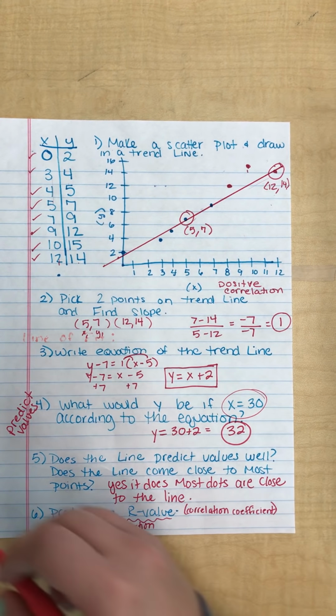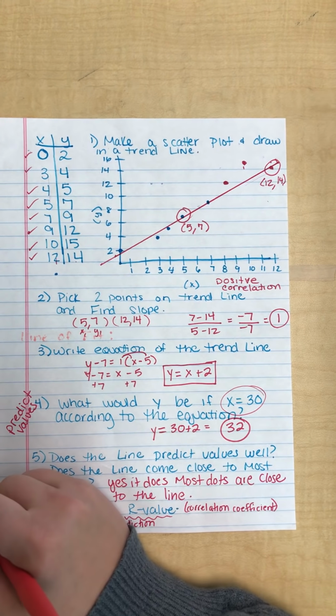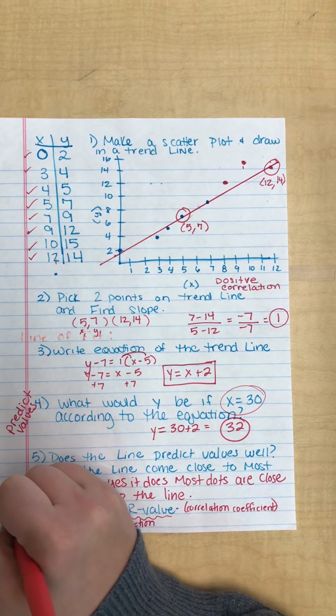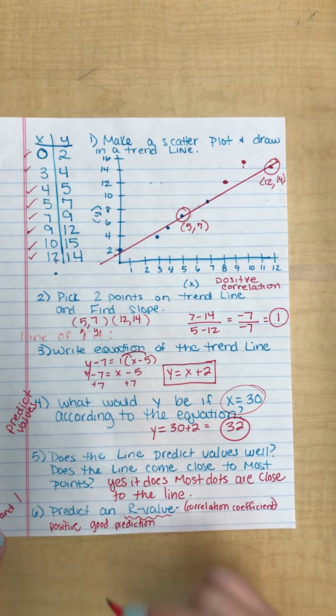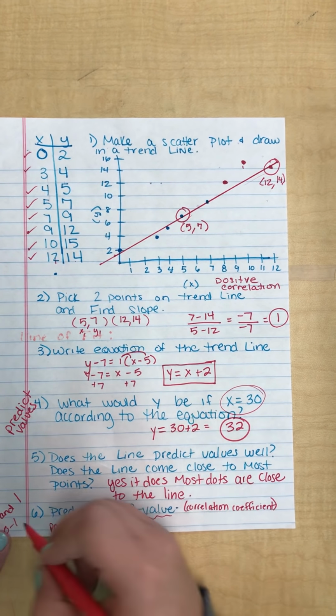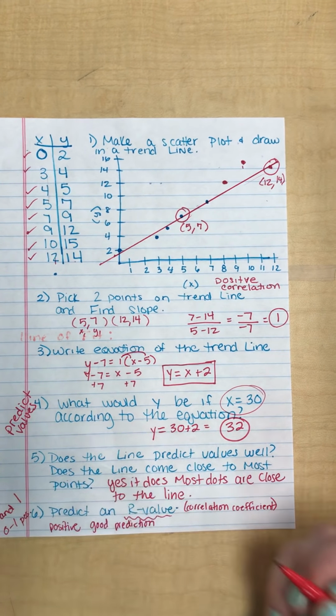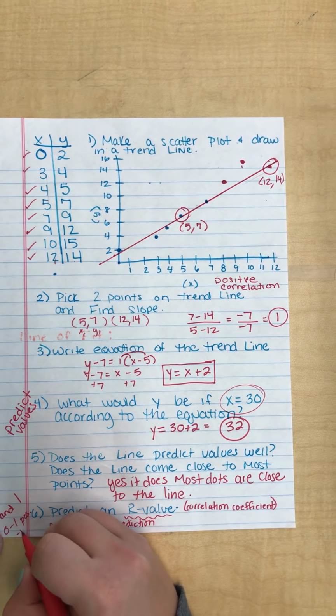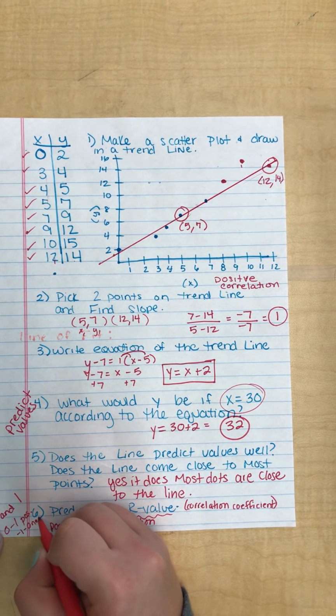Your R value can be anywhere between -1 and 1. If it's between 0 and 1, it is a positive correlation. If it's between -1 and 0, it's a negative correlation.